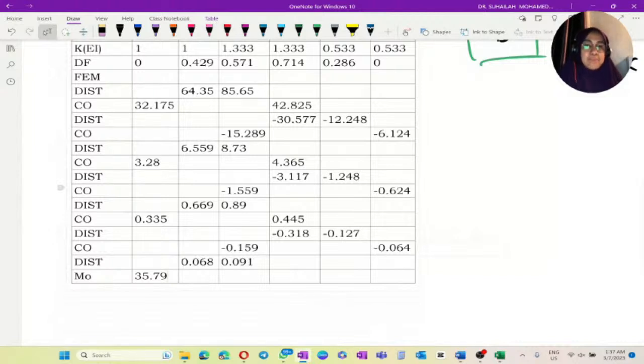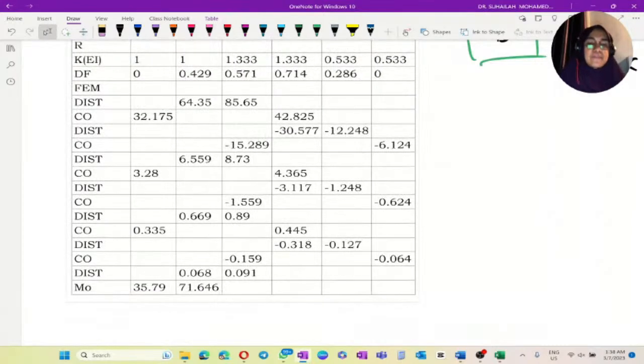Okay, next is 64.35 plus 6.559 plus 0.669 plus 0.068, which is 71.646. And next is 85.65 minus 15.289 plus 8.73 minus 1.559 plus 0.89 minus 0.159 plus 0.091. So we get 78.354.